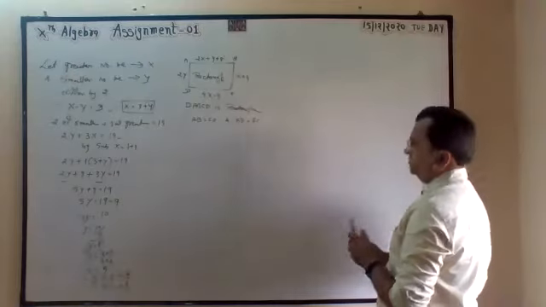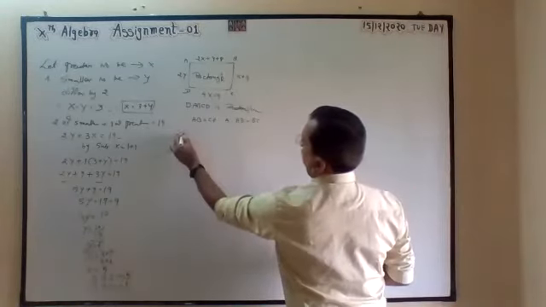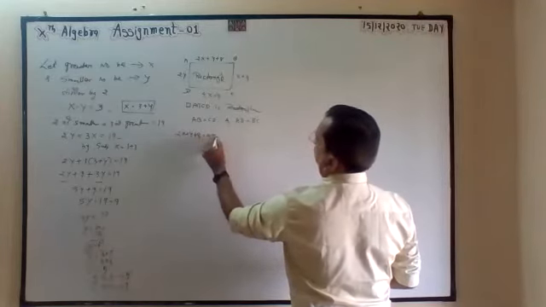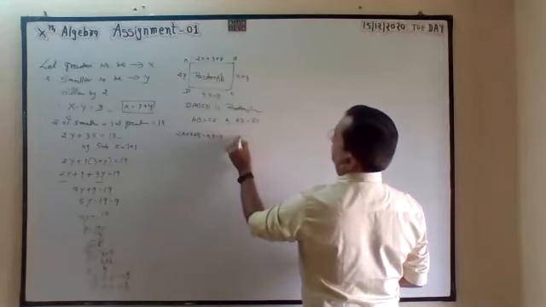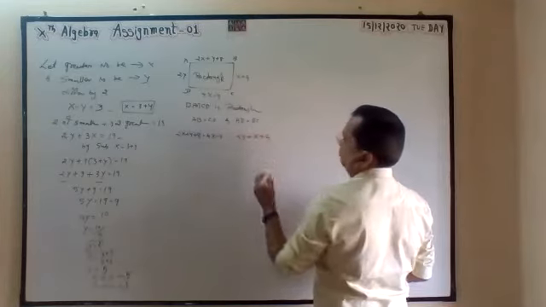Correct. So AB is equal to what? 2x plus y plus 8 is equal to 4x minus y, and here 2y is equal to x plus 4.